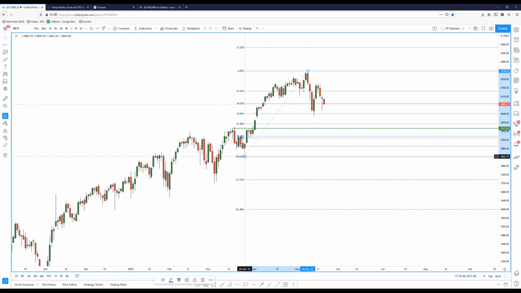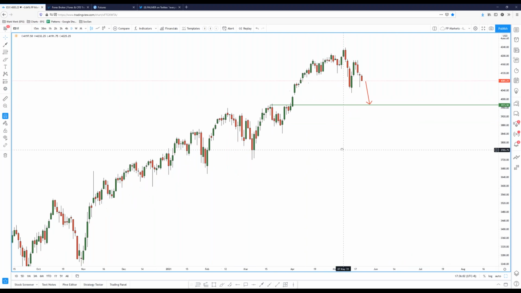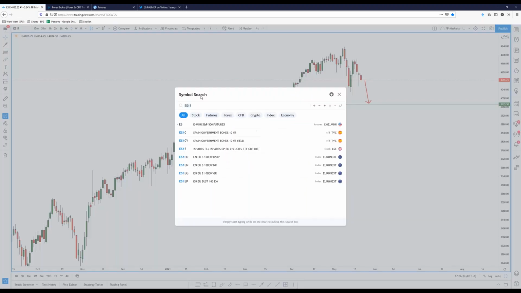The fact is that the 100% extension is in line with a 61.8 retracement as well. So for me, on the S&P, I'm thinking it could drop at least to the 39.75 level. I'm rounding the numbers so it's easier to remember. So S&P bearish, right?